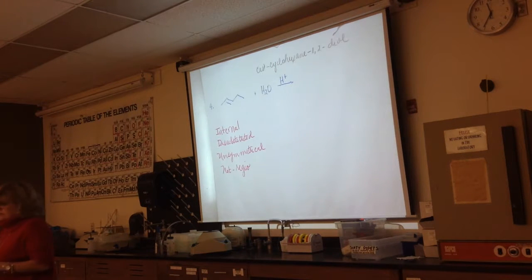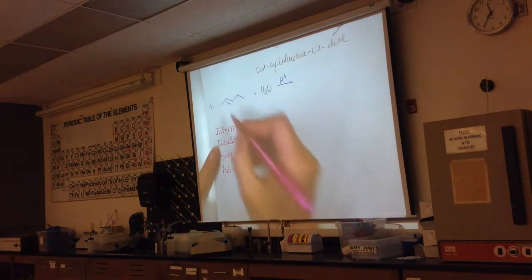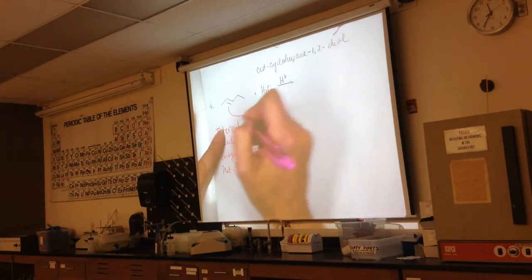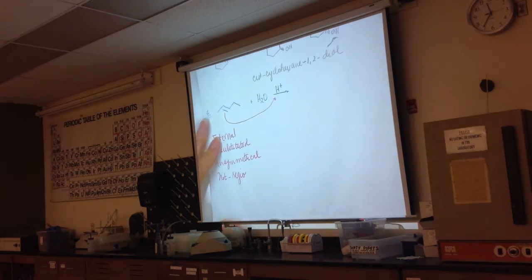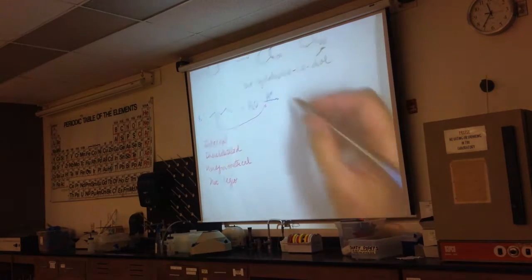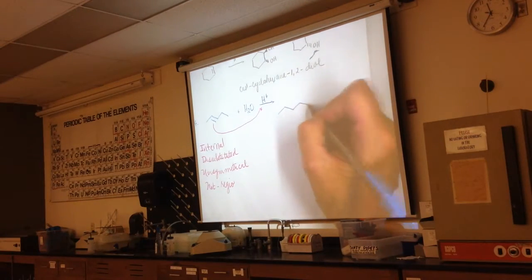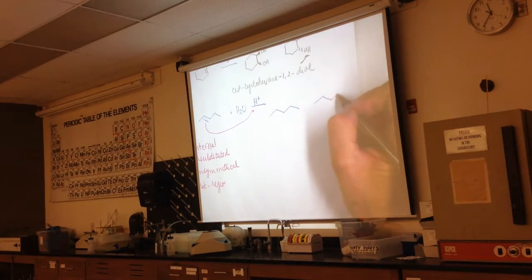So what is the beginning of the mechanism? Where is the first arrow going from? From the double bond to the hydrogen. And we ended up with 2 intermediates, right? So you could see this like this.